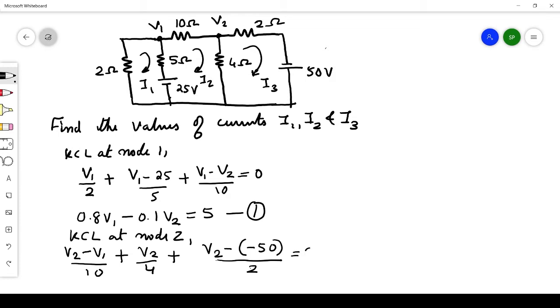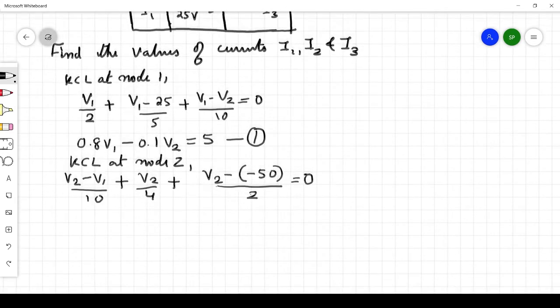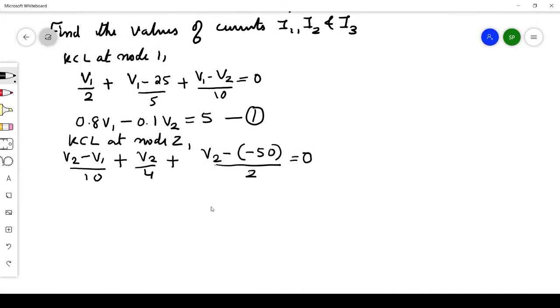This is equal to 0. This is our KCL equation at node 2. When you simplify this, you get 0.1 V1 plus 0.85 V2 is equal to minus 25. This is equation number 2.